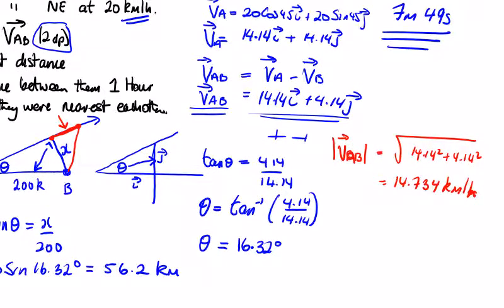So if I take this right angle triangle out, this is my 14.734. This is the 56.2, and they were nearest each other.